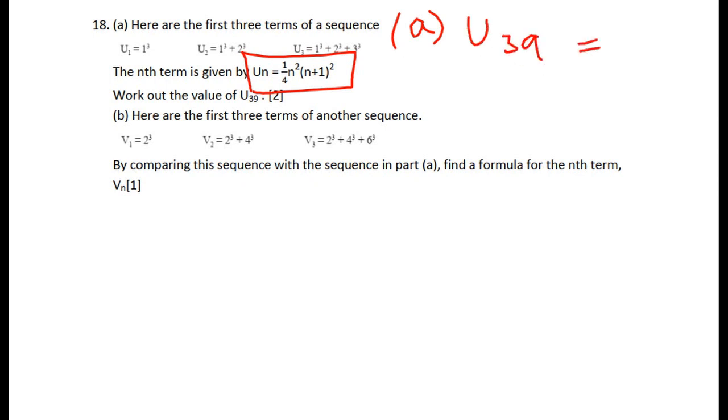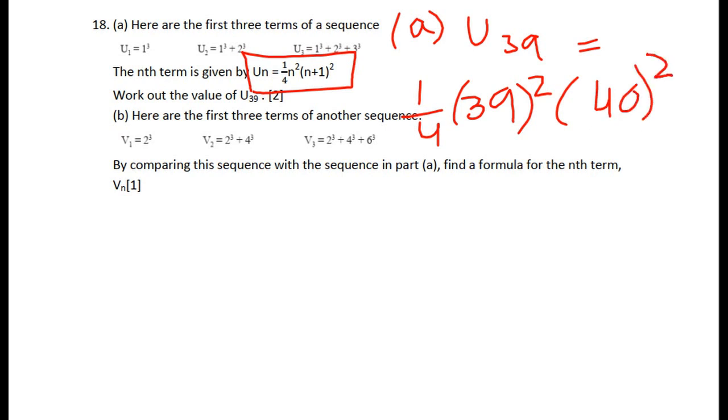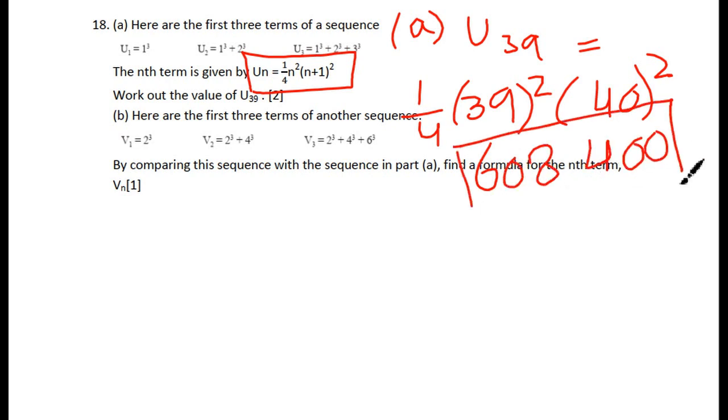So u39 equals 1 over 4 times 39 squared times 39 plus 1 whole squared, which is 40 squared. This will give us 308,608,400, which is the answer for part A.